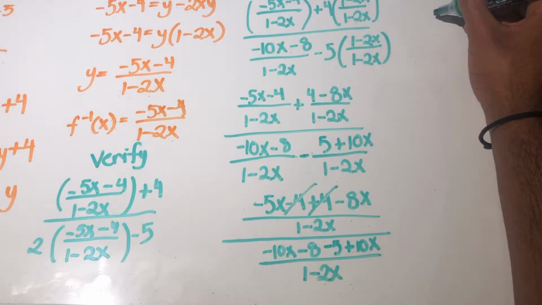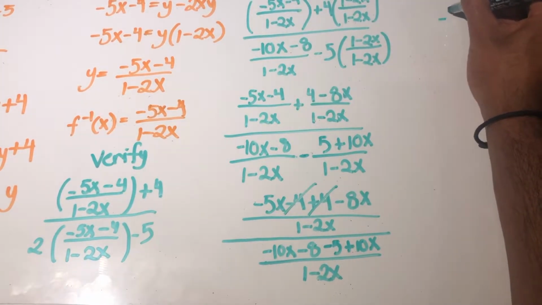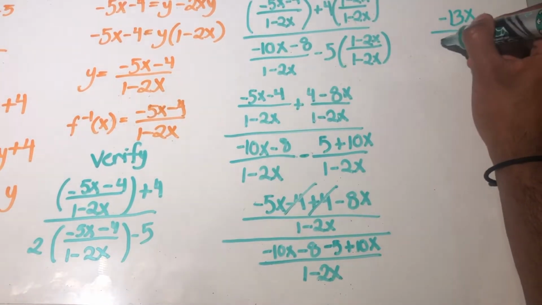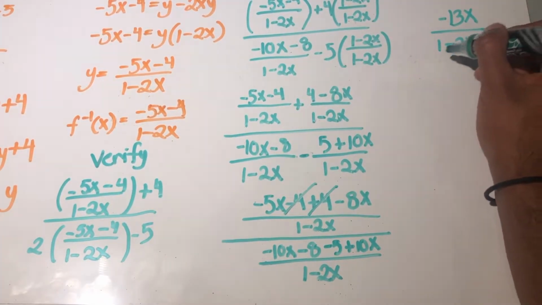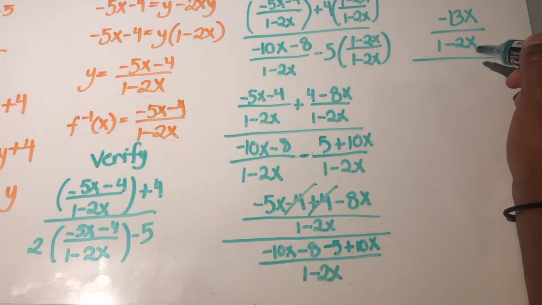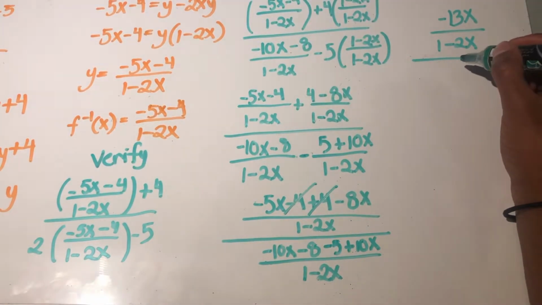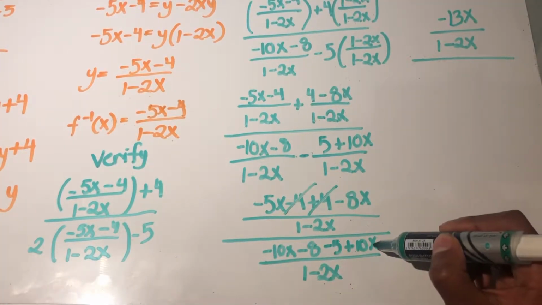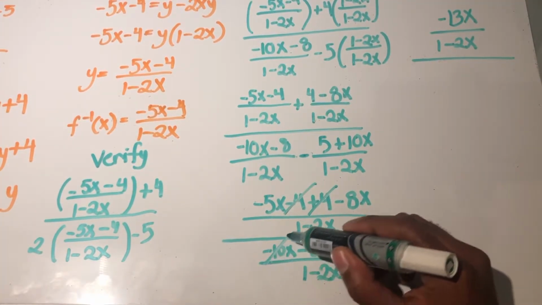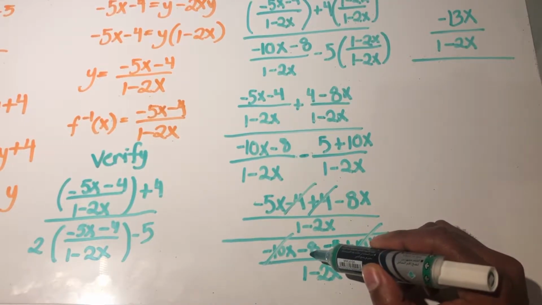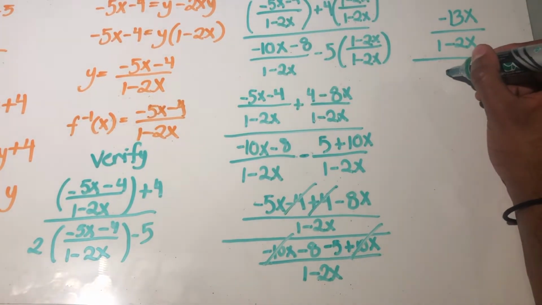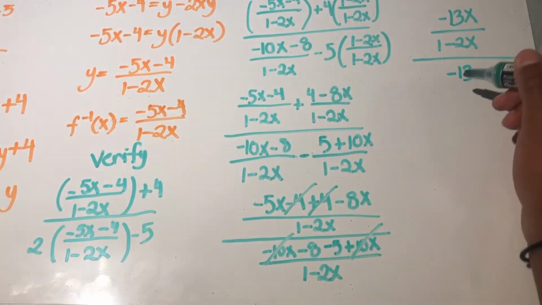Negative 5x minus 8x is going to give us negative 13x over 1 minus 2x. That's the top fraction, or the numerator of the bigger fraction. And then at the bottom we have negative 10x and then positive 10x. This is going to give us 0. And then we have negative 8 minus 5. That's negative 13 over 1 minus 2x.